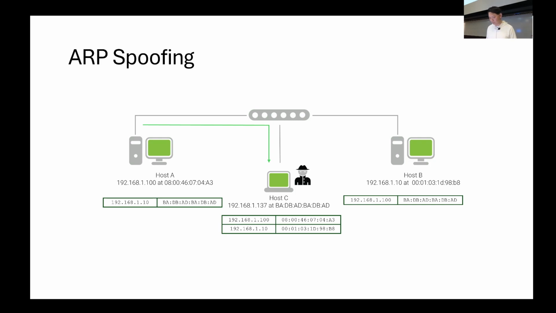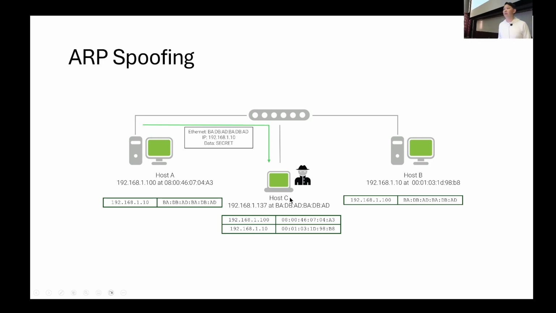After that, they will send the packet. They intend to send the packet from host A to host B, but it will be delivered to host C. Why? The ARP cache is updated, so that IP belongs to this MAC address, the MAC address that belongs to host C. So host C can intercept the data, say the secret data, and read it.